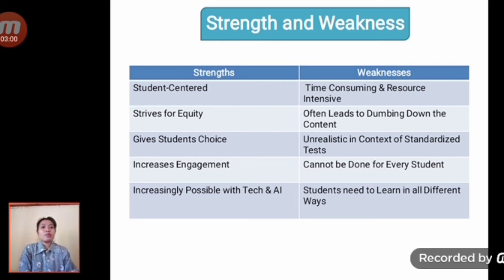We move now to the weaknesses of differentiated instruction. The first is that it is time-consuming and research-intensive. Planning 6 lessons a day is difficult enough. Now, imagine having to vary each lesson for all your students. This becomes very time-consuming.